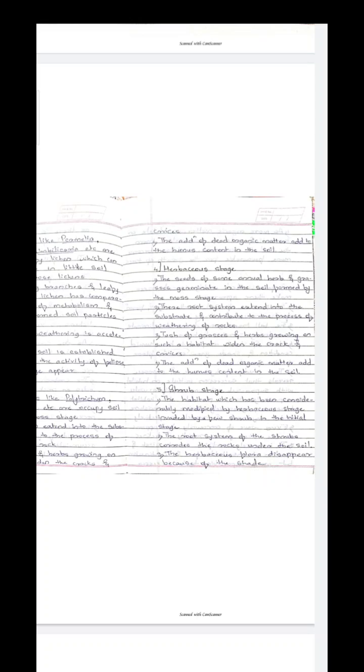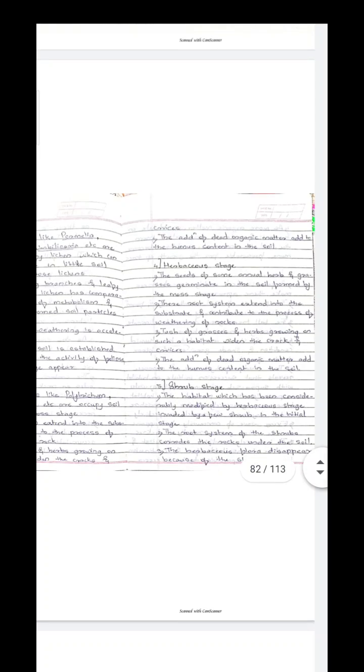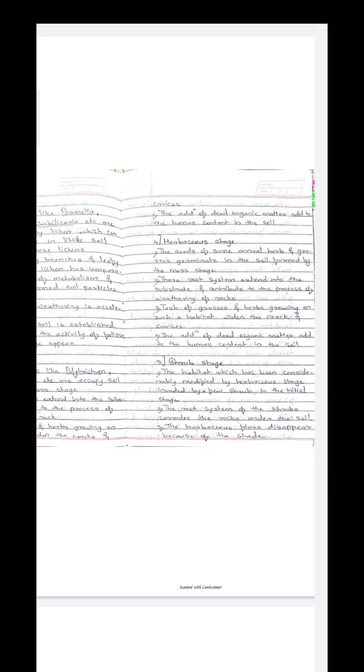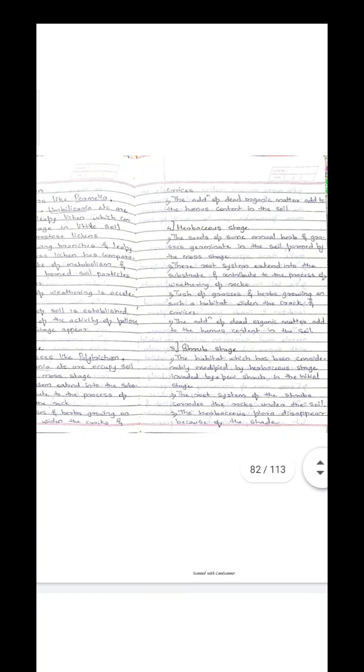So the next community, the shrubs, develops on this highly humus-rich soil. These shrub plants have well developed root systems, and they also accelerate the process of weathering. Due to these shrubs, some small plants like herbs and grasses will disappear.